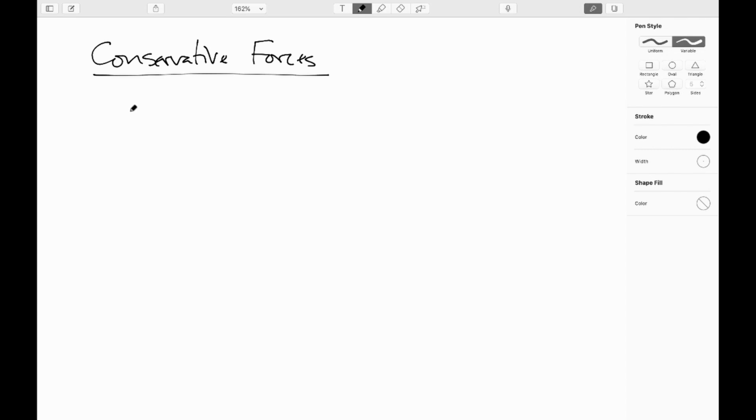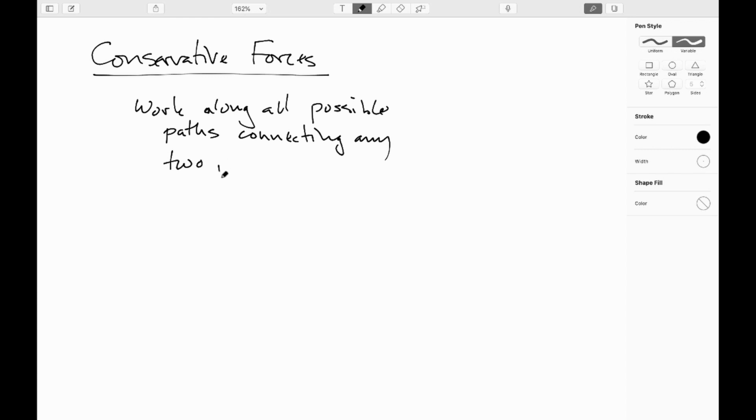A conservative force means that for every possible pair of points, the work done by a force along all possible paths connecting 2 points, and again, this can be any 2 points, is the same.